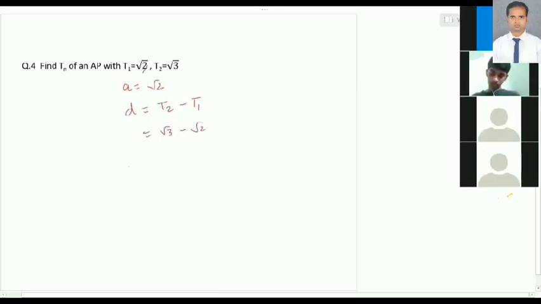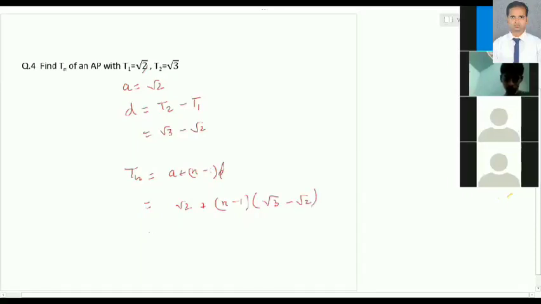Then apply this and find out Tn. Tn will be A plus n minus 1 into D. Solve it. A value is root 2 plus n minus 1 into D value, which is root 3 minus root 2. Multiply this, or you can leave like this also. If you multiply, then you will get root 3n minus root 2n minus root 3, and plus 2.